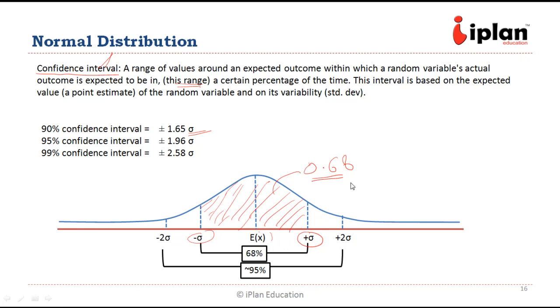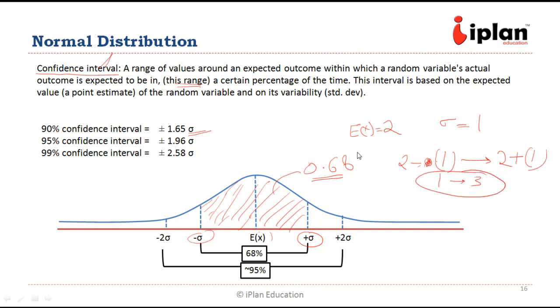We can say if the value of mean is say 2 and the value of standard deviation is say 1, this value is mean minus sigma, this is mean plus sigma. So 2 minus 1 sigma, which is 1, to 2 plus 1 sigma, that is 3. So this is the interval.